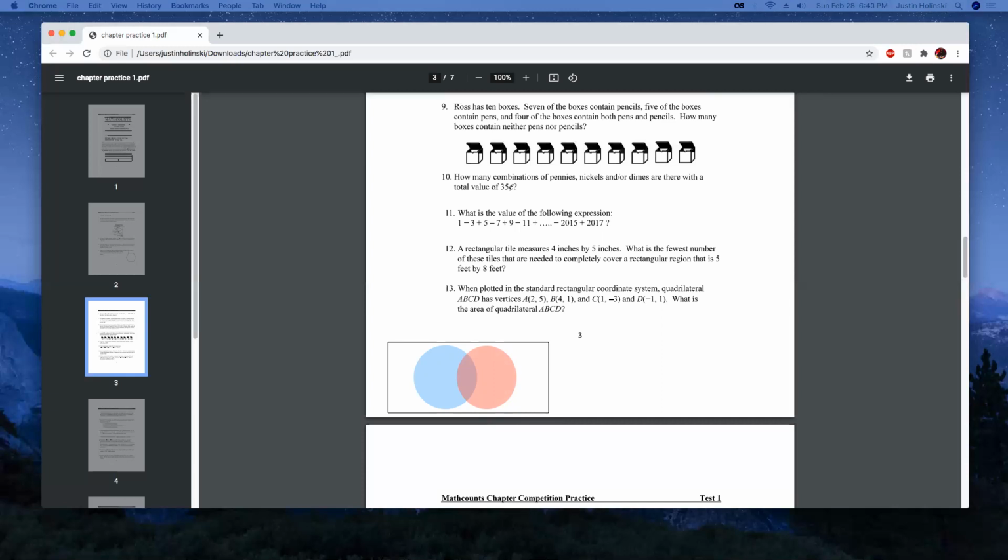The blue circle represents pencils, and red means pens. That purplish area means both, and the box outside both circles means neither.